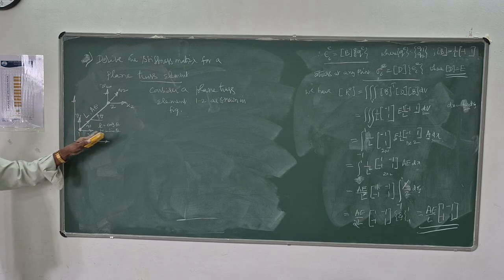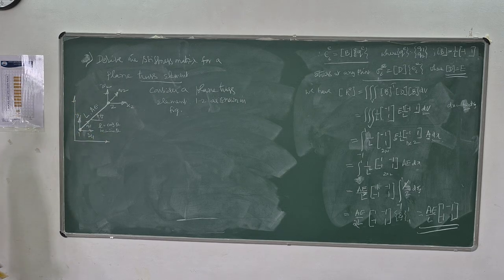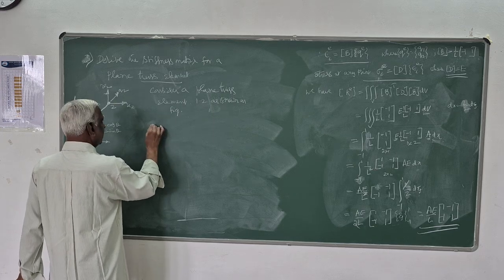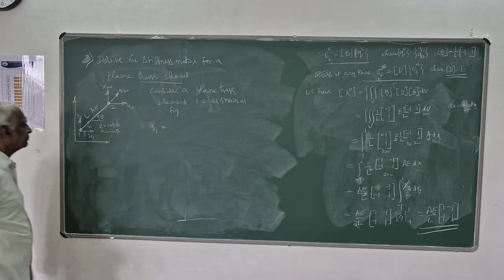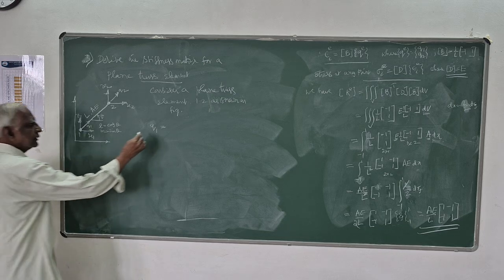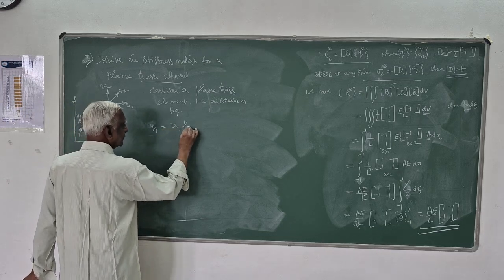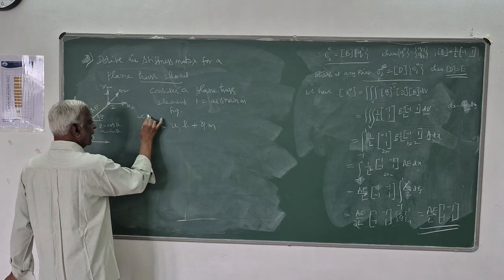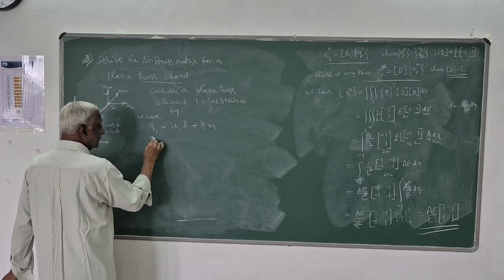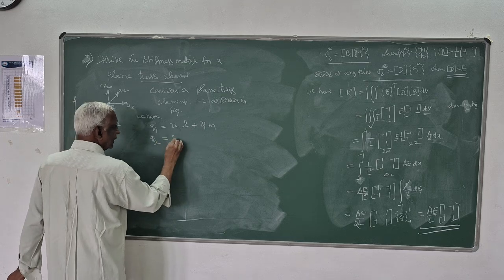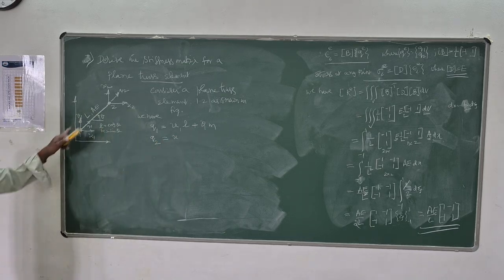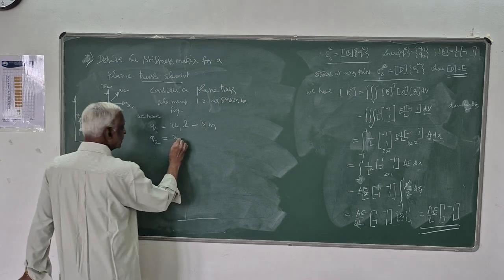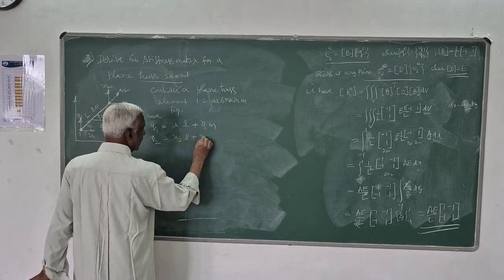These are the global direction displacements. So you can say Q1 is nothing but U1 l plus V1 m. We have the relationship between the global and local displacements. Q2 is equal to U2 l plus V2 m.